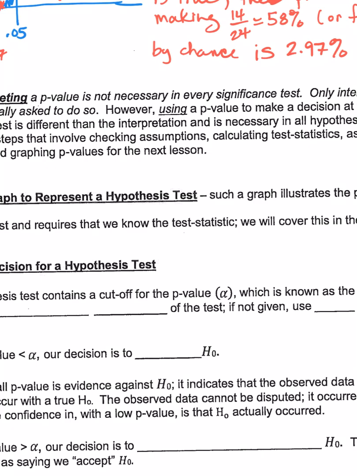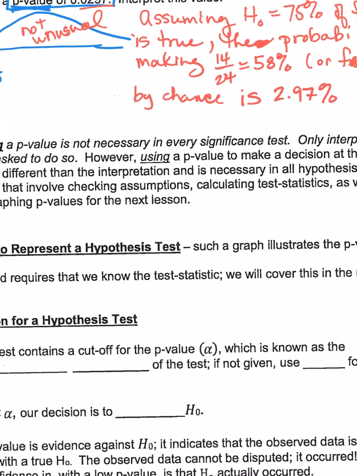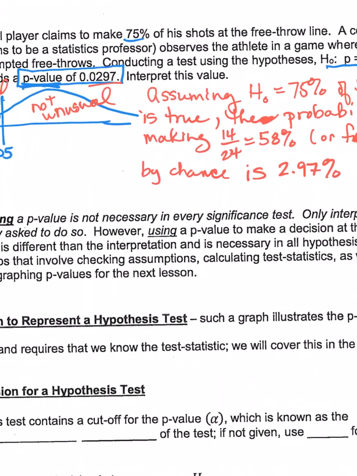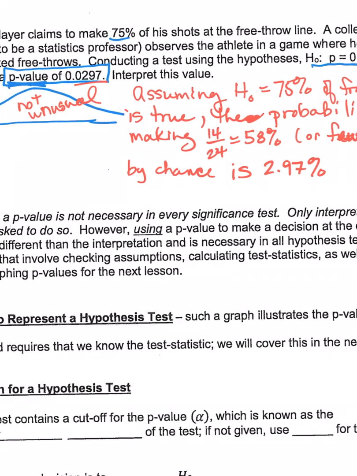You don't always have to interpret the p-value, and you don't always have to use that exact phrase, but you need to be able to draw the picture. If you were trying to explain and interpret this value, you would literally be saying it's an unusual amount, right? If I had a p-value that's typically 5%, then 3% is in the unusual area. So it's very unusual for him to make it.